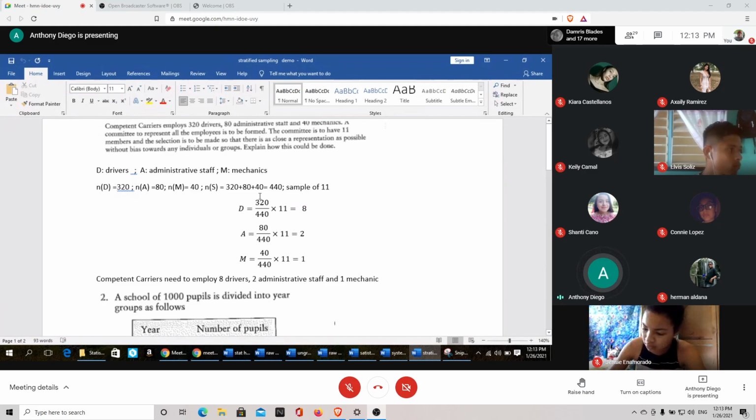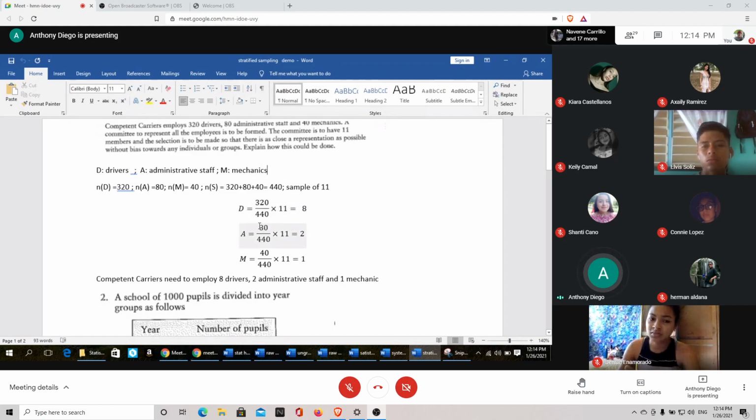So the 320 drivers divided by 440, which is the entire population, times the sample will give us 8. So if you put this in your calculator, 320 over 440, you will be selecting 8 drivers out of the 320 that will make up the sample of 11.